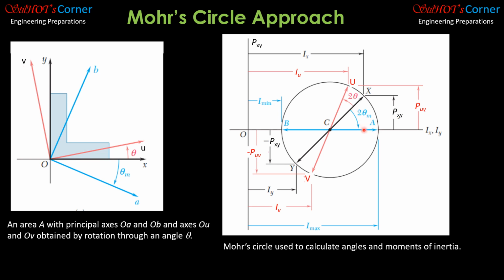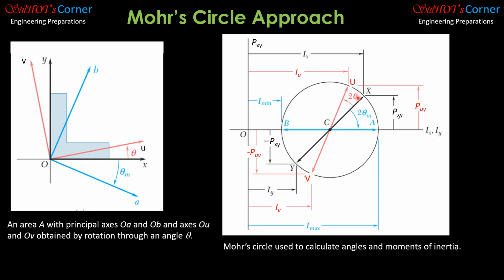So 2 times theta m. This is for the maximum moment of inertia. So you have here I max, and the minimum would be the opposite end, I min. So obviously, you can see that the maximum is the extreme right point on the circle, and the minimum is the extreme left point on the circle.